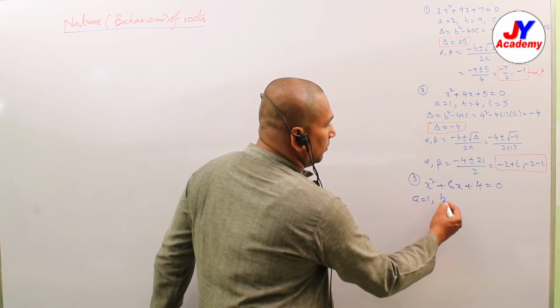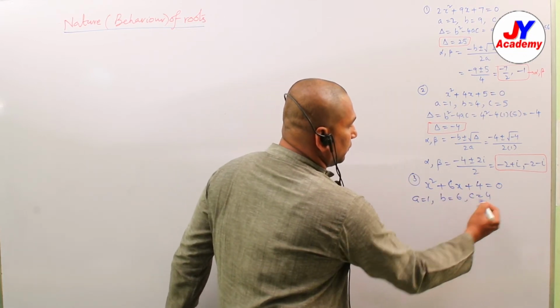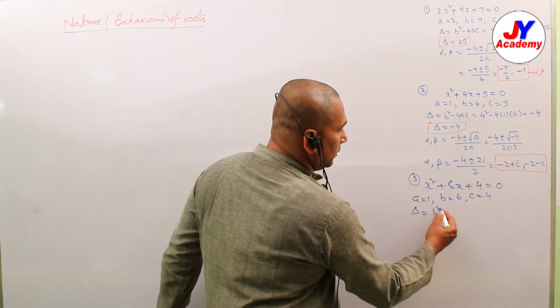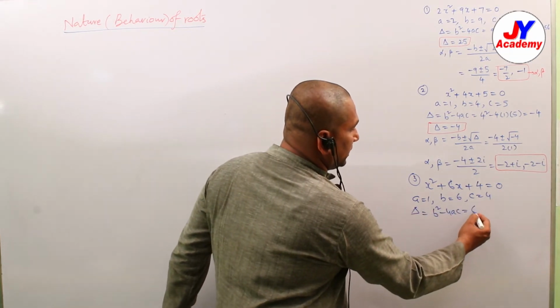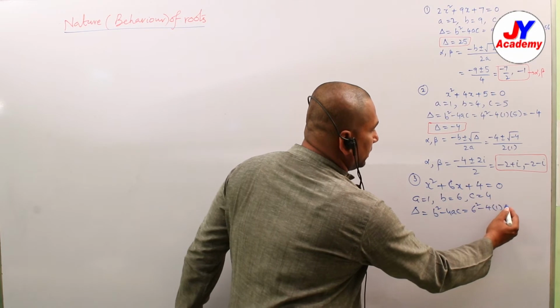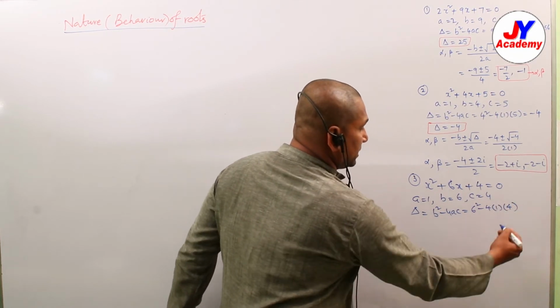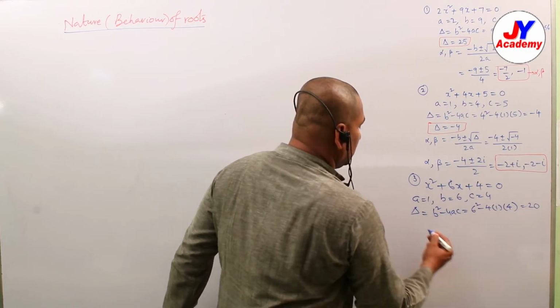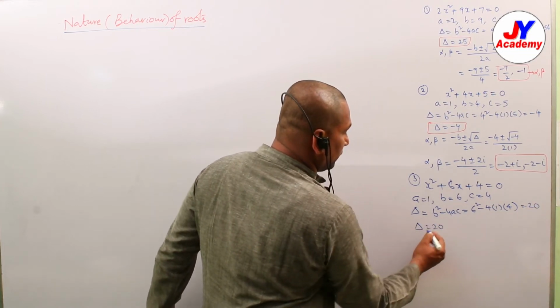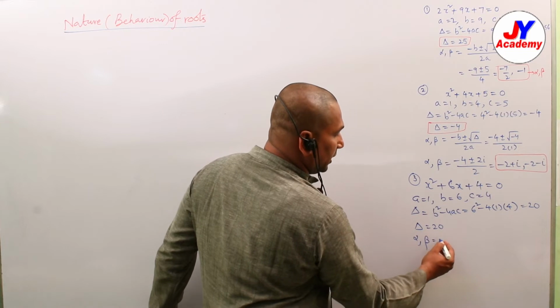A equal to 1, B equal to 6, C equal to 4. Delta is equal to B square minus 4AC, 6 square minus 4 into 1 into 4, 36 minus 16 is equal to 20. So delta is equal to 20. So what is alpha comma beta?